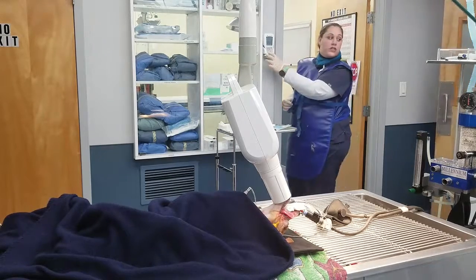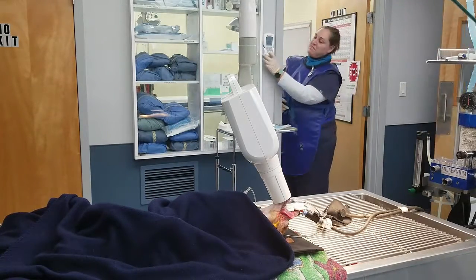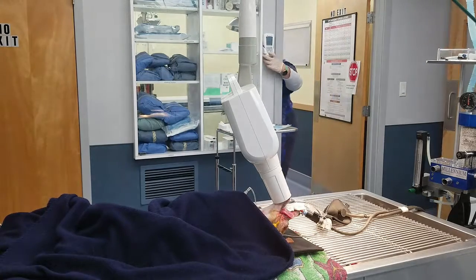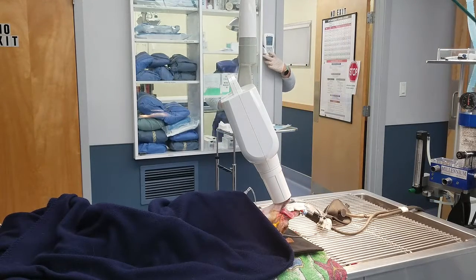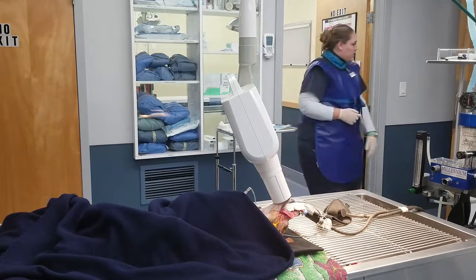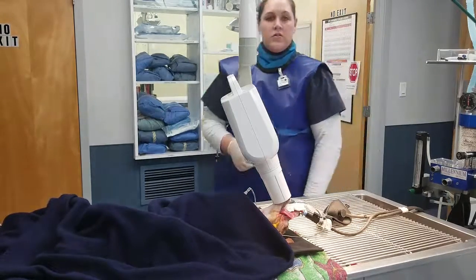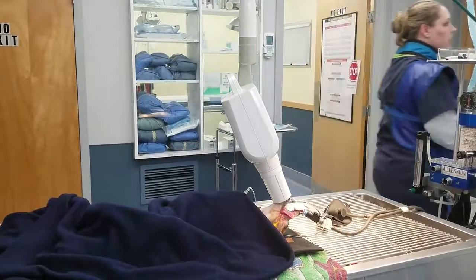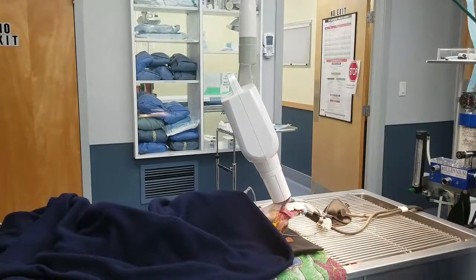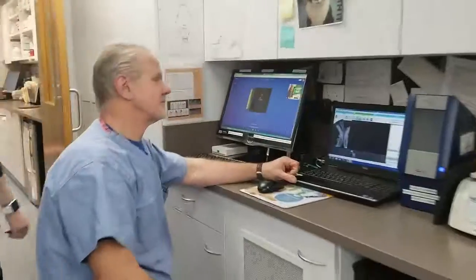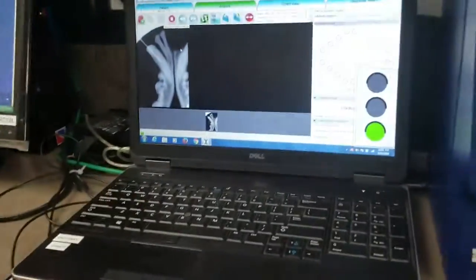Okay, we're going to go ahead and shoot an x-ray. Okay, Erin is clear. So we're going to take a look at the x-ray, see what it looks like. Perfect. So that's what the tooth came out looking like.